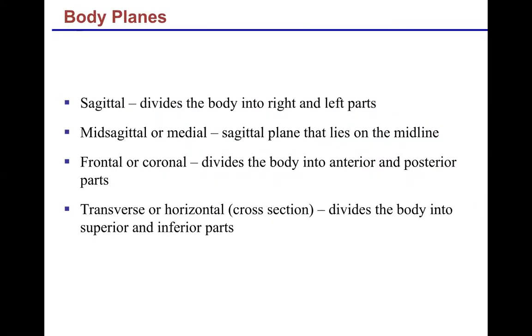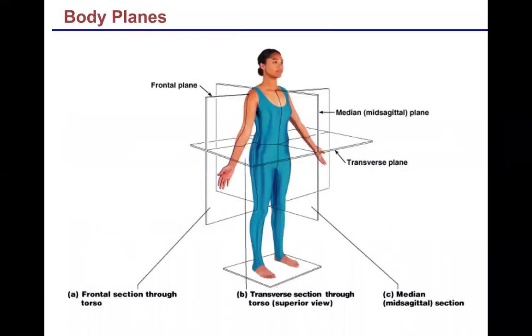Apart from that, you can divide the body into several planes, or different parts, in order to study anatomy. We'll go to the next slide so that it's easier to understand.